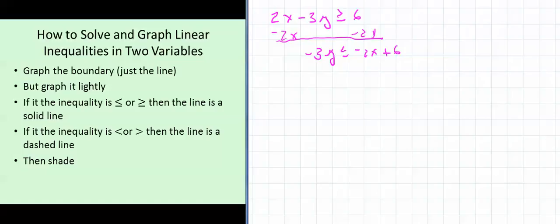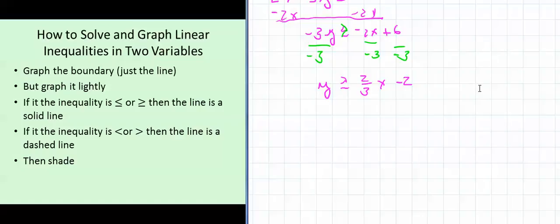And we divide by negative 3. When we divide everything by negative 3, as always, we switch the direction. So we get y greater than or equal to 2/3 x minus 2.